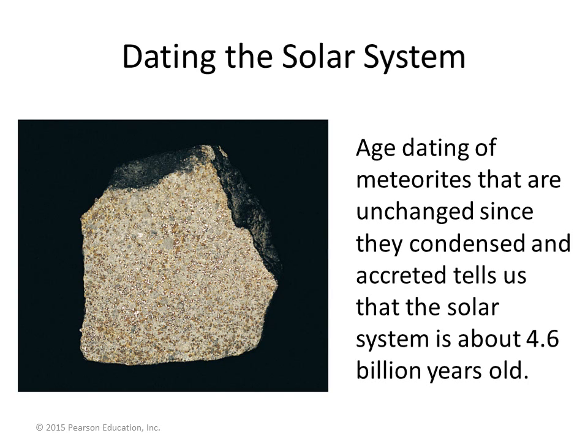So age dating of meteorites that are unchanged since they condensed and accreted tells us the solar system's about 4.6 billion years old. That's the oldest material we've found in the solar system. Whether it's meteorite, comet material or asteroid material, this is the oldest we've found.